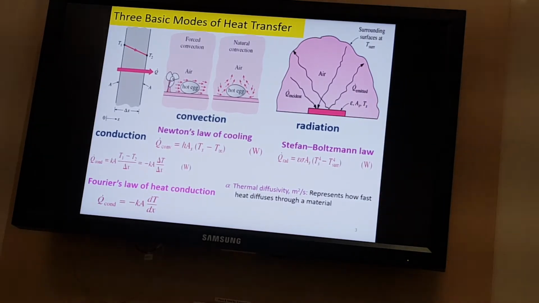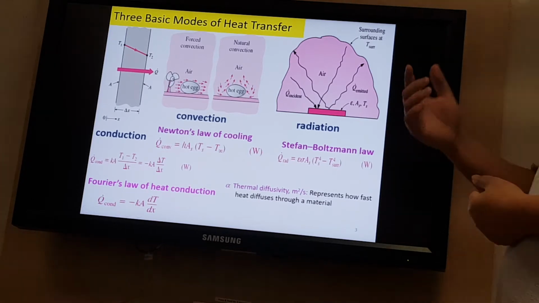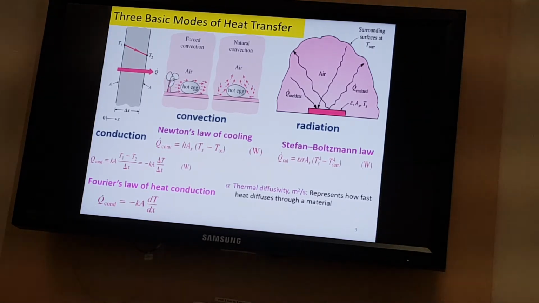If you refer to the definition from the textbook, it actually includes two mechanisms, right? Convection in a fluid domain equals conduction plus advection. The first three letters of the word convection, the con, come from conduction, right? The vection comes from advection.